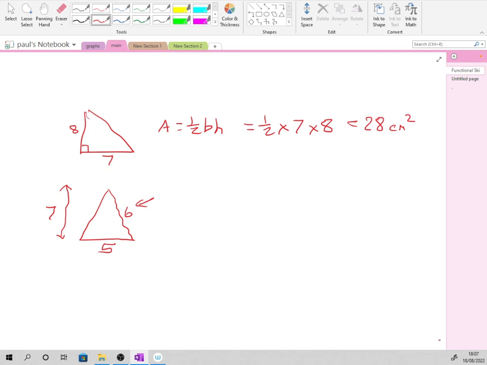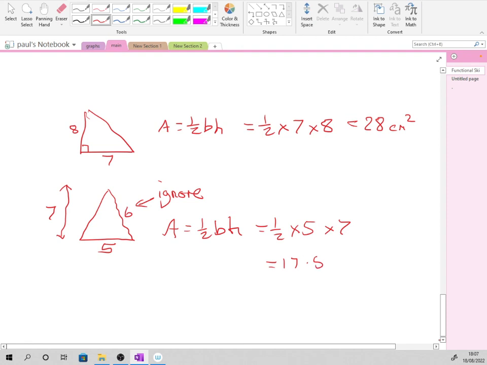Ignore this bit. We don't need that bit. We need the area to be half the base times the vertical height, which is a half times 5 times the height, 7. I'll come backwards on this. So 5 sevens are 35. Half of 35 is 17.5 centimetres squared. Okay, so there's a triangle.